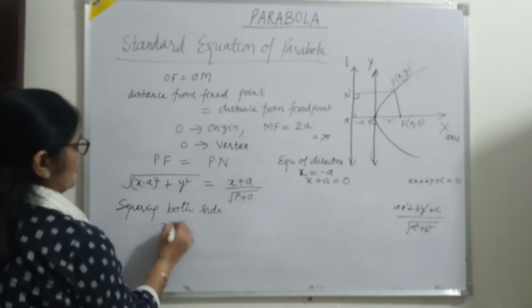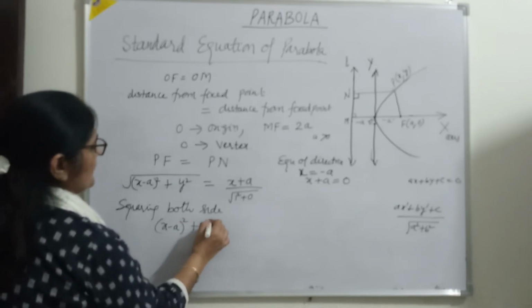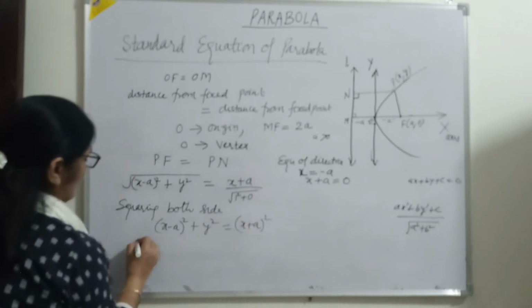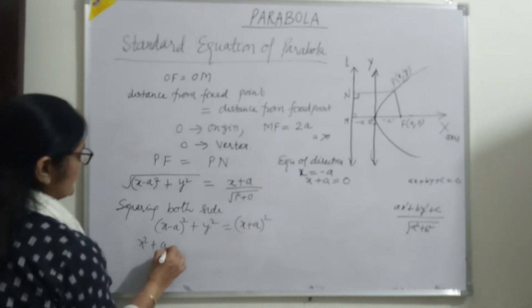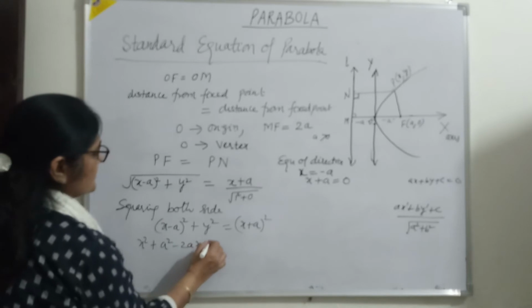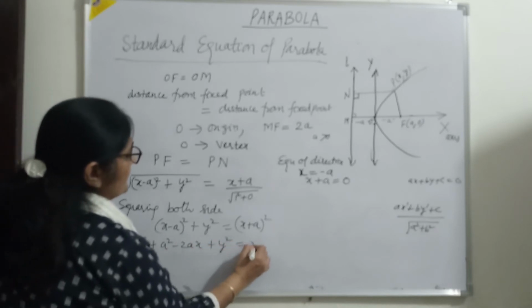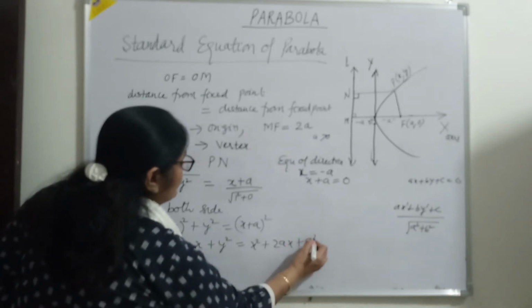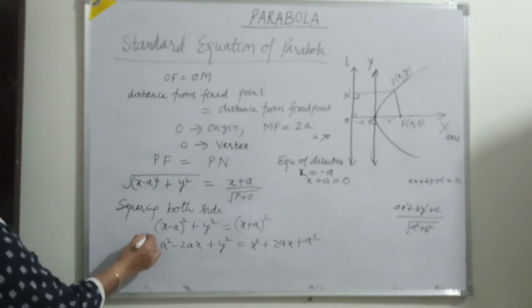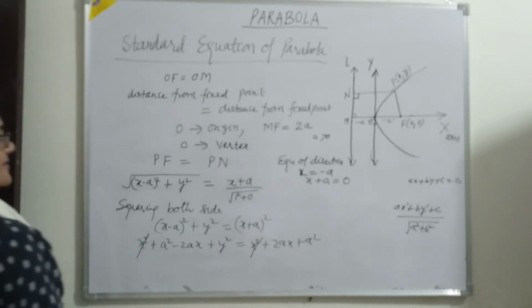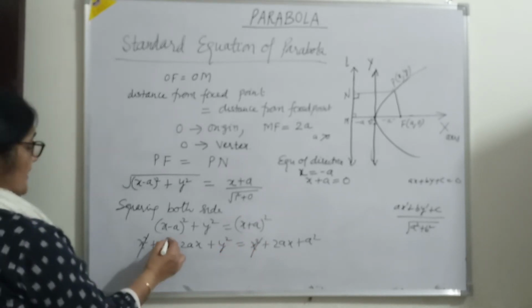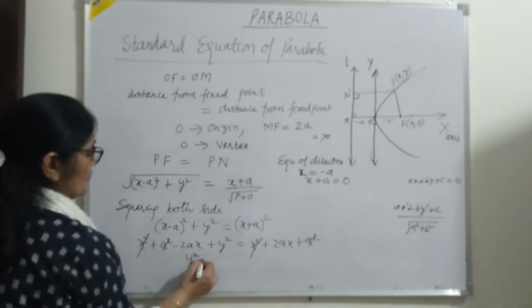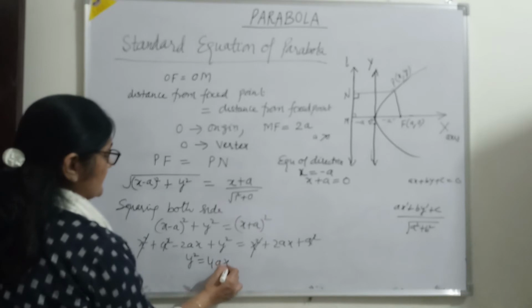(x − a)² = y² + (x + a)². Opening the squares: x² + a² − 2ax + y² = x² + 2ax + a². The x² and a² on both sides cancel, so y² = 4ax.